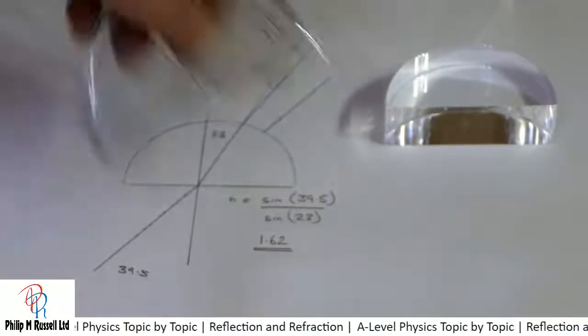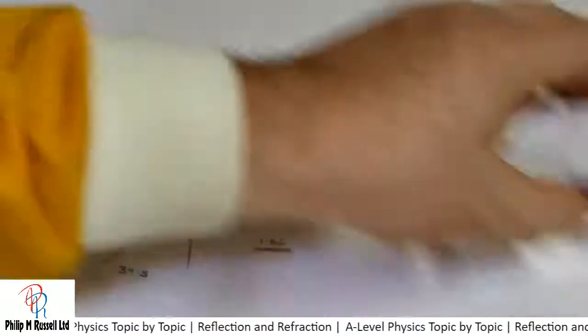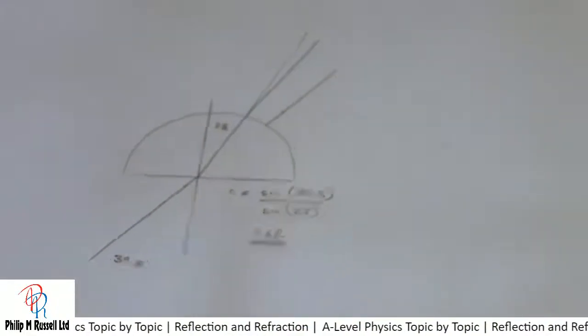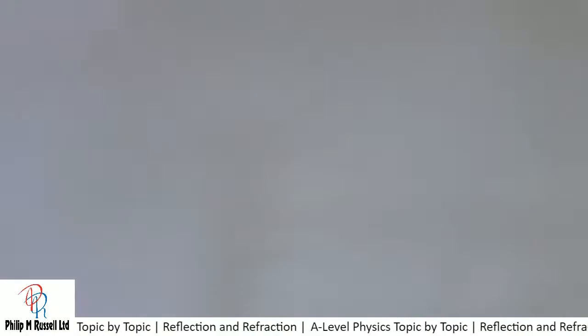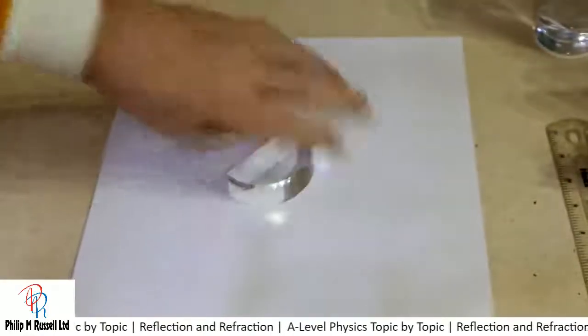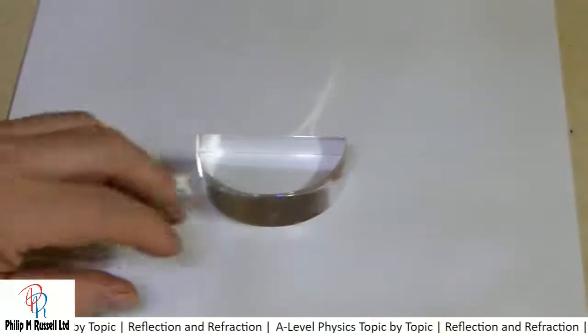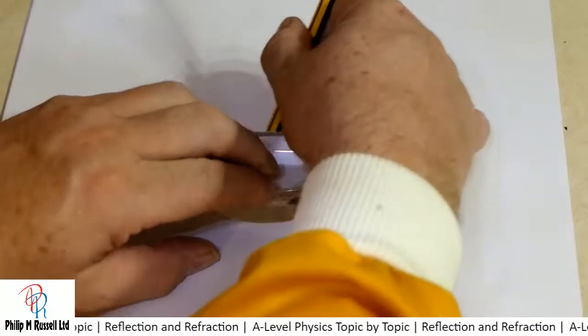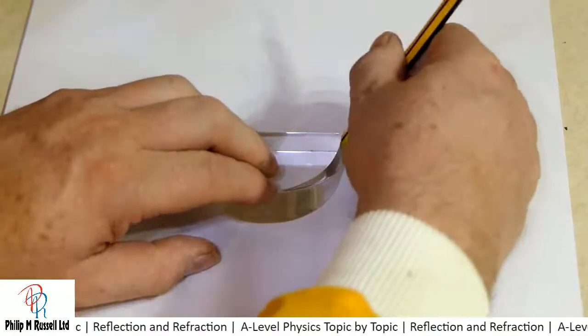What would happen if I did this round the other way? So let's do this same experiment, but this time I'm going to turn the block around. Okay. Shouldn't be any different.